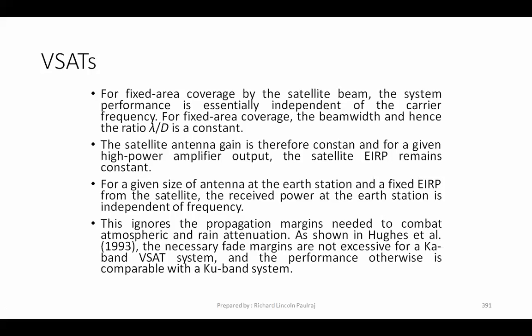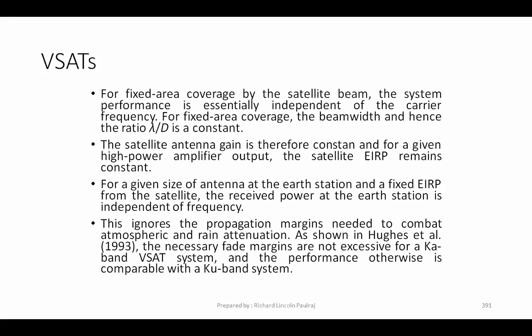This ignores the propagation margins needed to combat atmospheric and rain attenuation. Now, as we all know, the major form of attenuation is with respect to your atmosphere and rain, right? As the signals pass through different layers, you can experience a lot of loss.